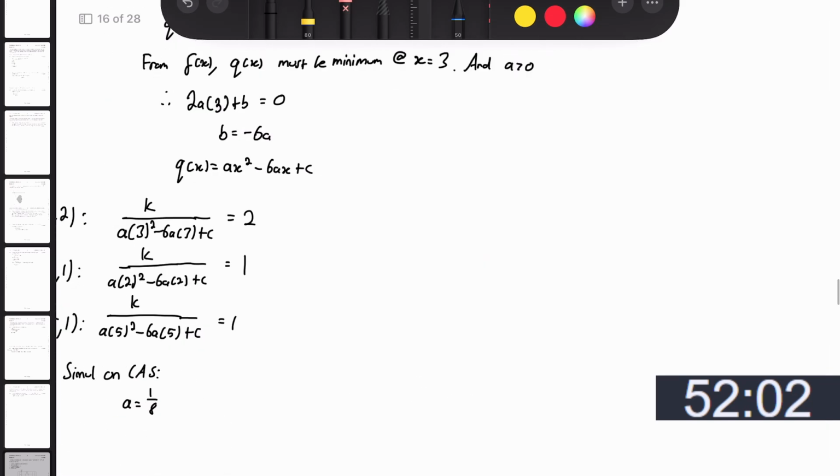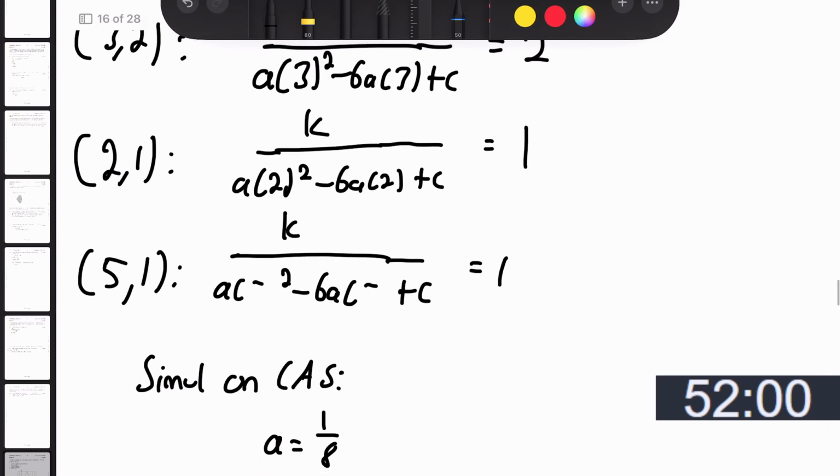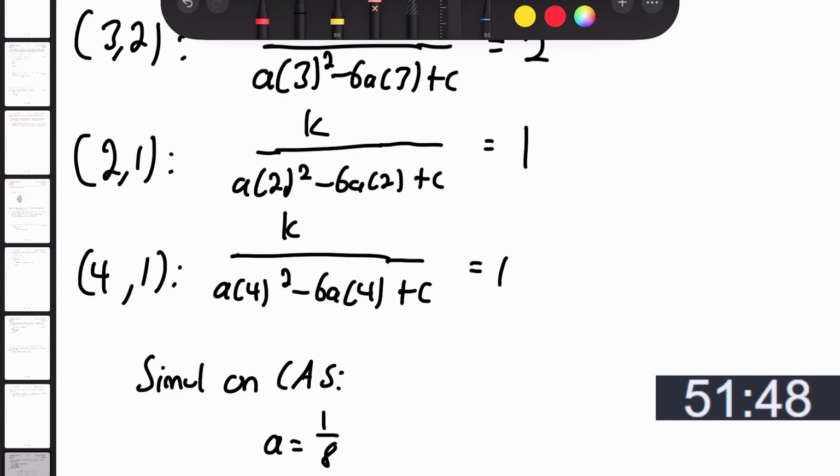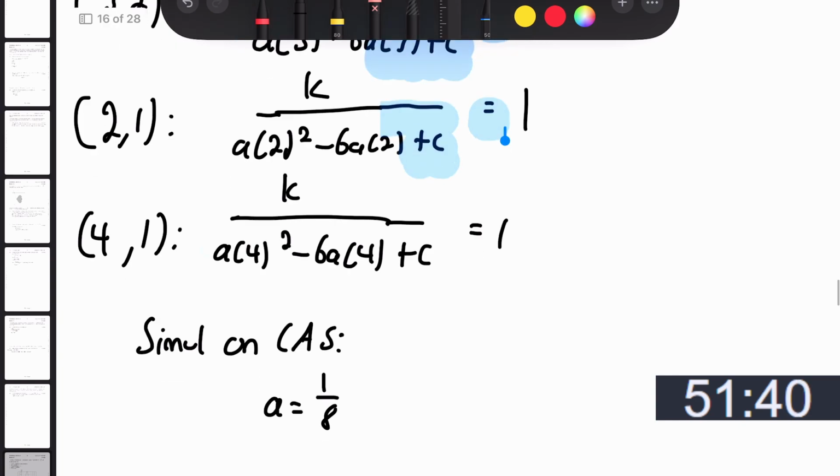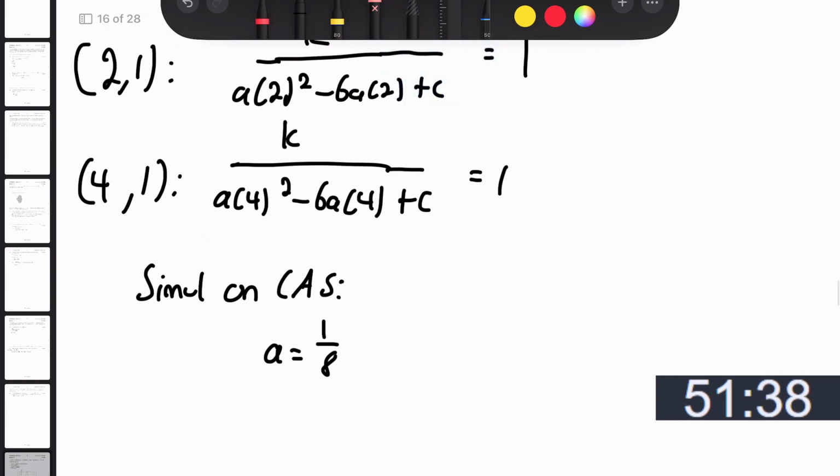Oh, because it's at 4, not 5. Oh my lord. There's no way, bro. 4 squared. I've been looking at this for the past how long? And the reason was because I need this to be 4. So 16x minus 24. What?